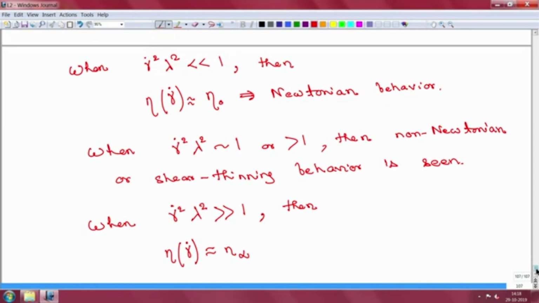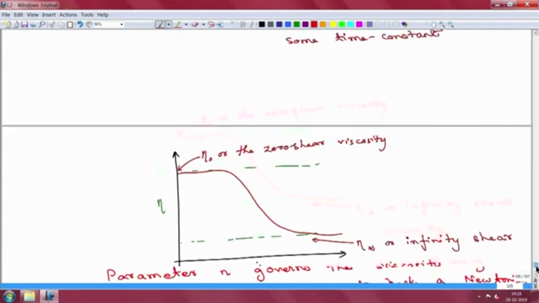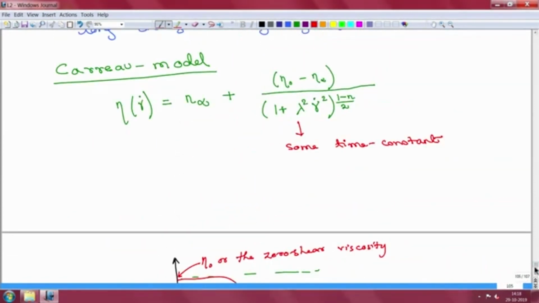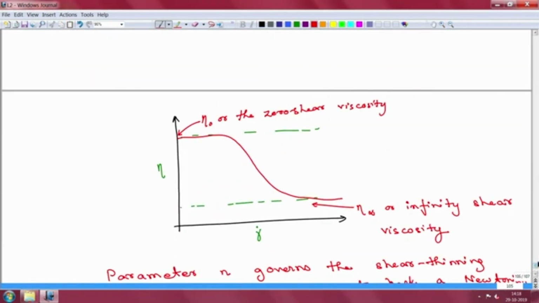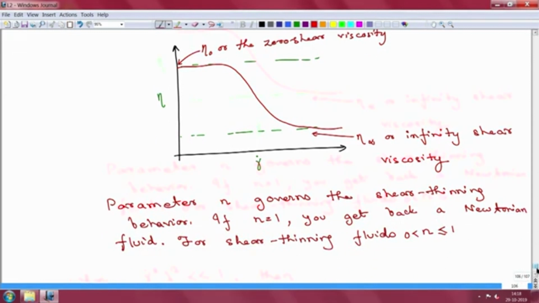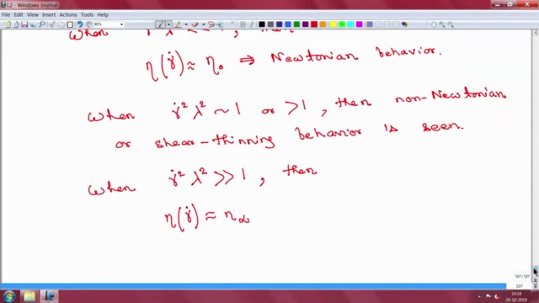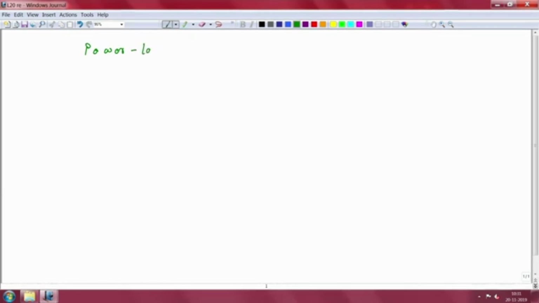So, this particular Carreau model, if you take the situation where we are looking only at the part where the shear thinning behavior is very dominant, then you end up with what is called a power law. You can devise another constitutive relationship, which is called the power law fluid.